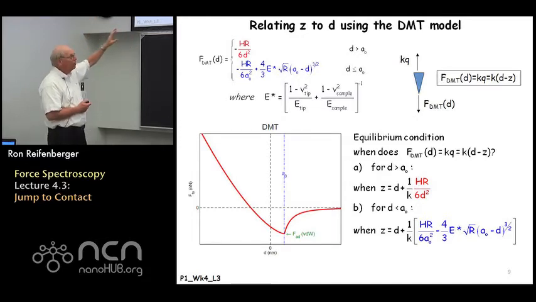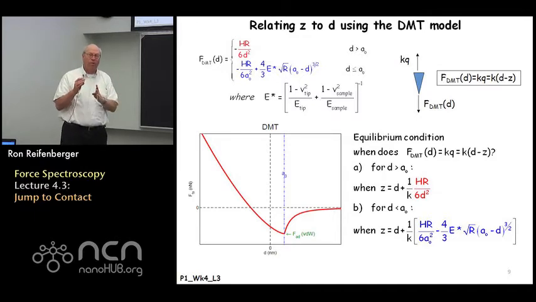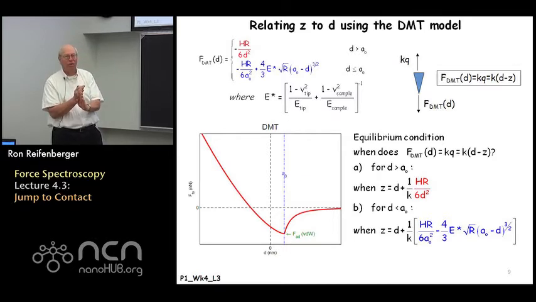These equations are color-coded, red and blue, to indicate different regimes, right? So one important parameter in the DMT model is the equilibrium separation between atoms, and that parameter is referred to as A0.